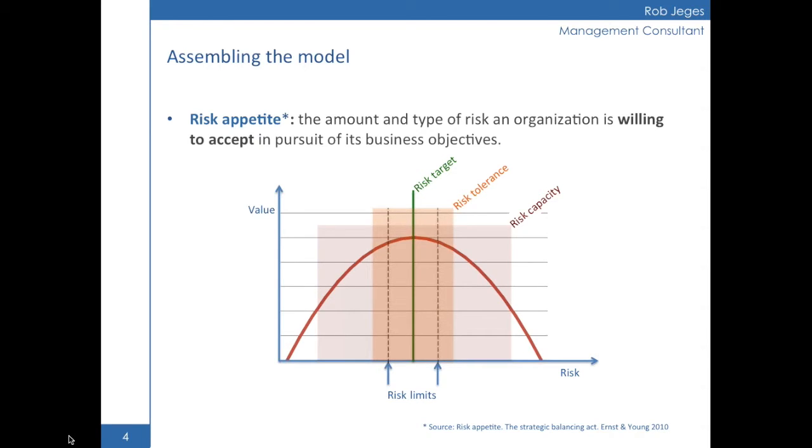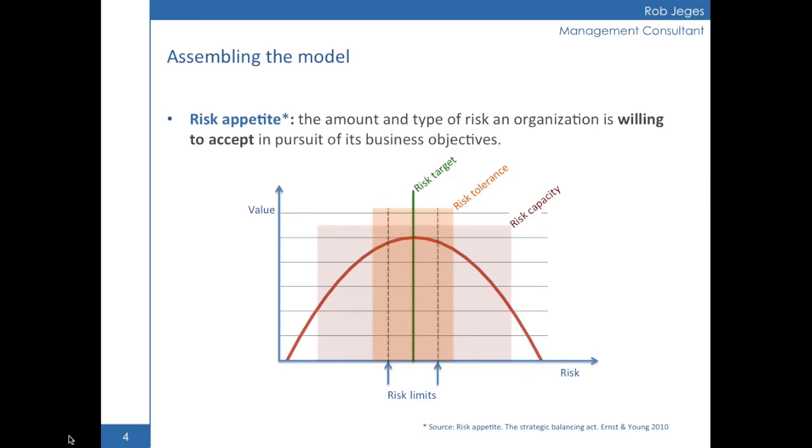Another concept that we recall from the previous slide is risk limits. Those are 2 points that we're going to define for when the risk is becoming too much or too little. So that is for managing within the risk tolerance, and the purpose is to aim towards the target. Now, what's interesting of this model is that risk appetite does not appear as a set quantity or line.